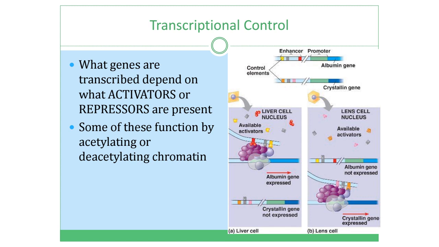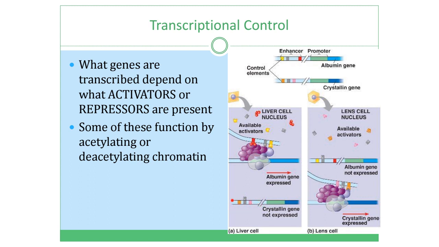So in this example here, in a liver cell, you would have the activator proteins available that are specific to the enhancer found in this liver cell, and that would be able to form the transcription initiation complex. That's just the complex of the DNA and all the associated proteins binding that allow transcription to start. Whereas this crystalline gene, although it still has this gray activator protein that's required, you're missing the orange and the pink ones down here. So you need the right collection. It's not just enough to have just one of them.